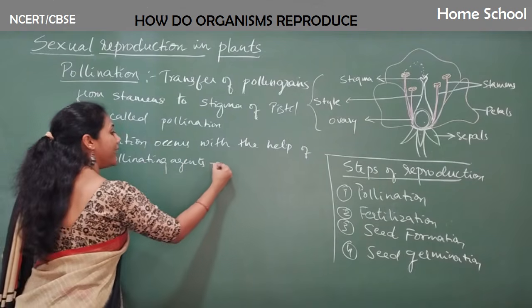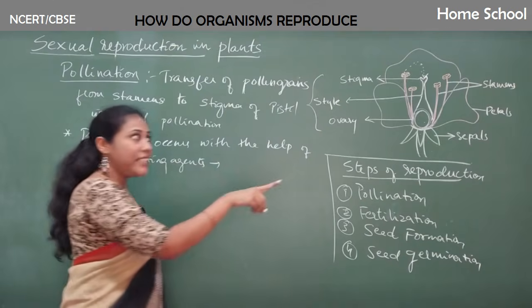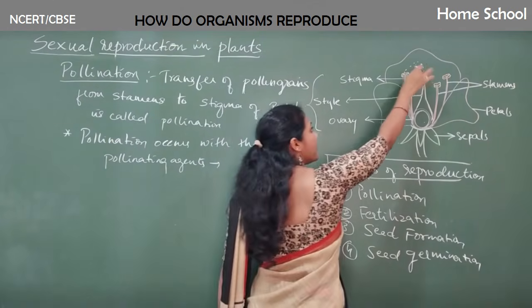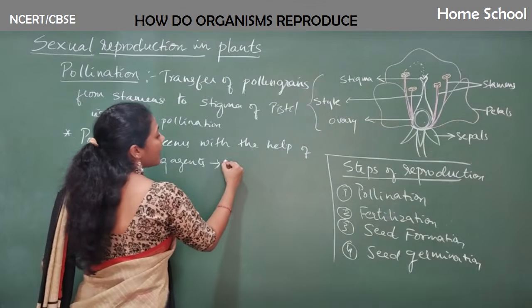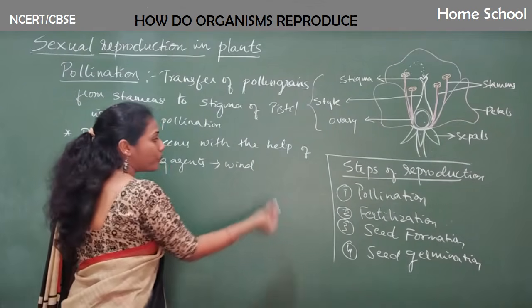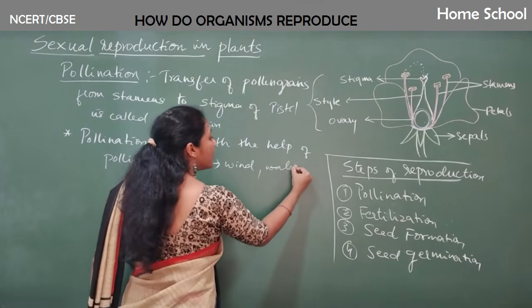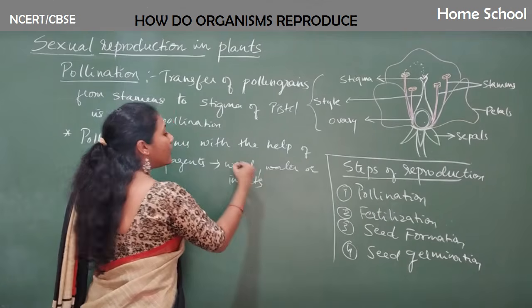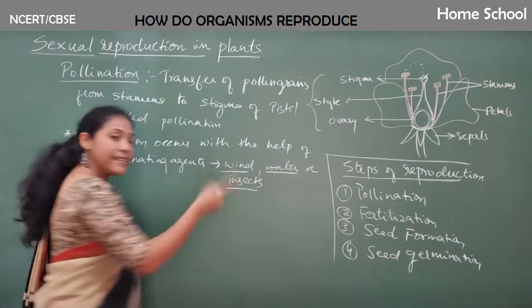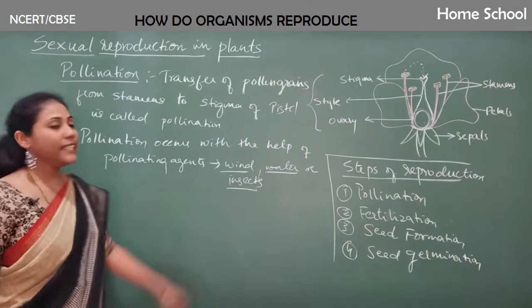The pollinating agents are the guys which are actually taking the pollen grains from stamens to stigma of pistil. Okay, so those guys are wind. It can happen through wind, or it can happen through water, or it can happen through insects. Okay, so here wind, water, insects are called pollinating agents.